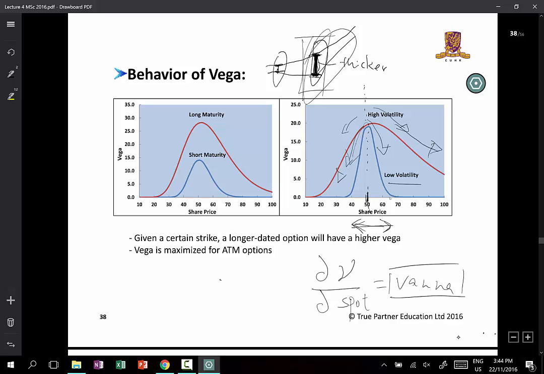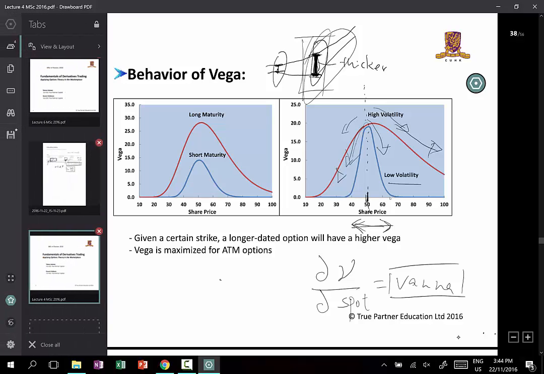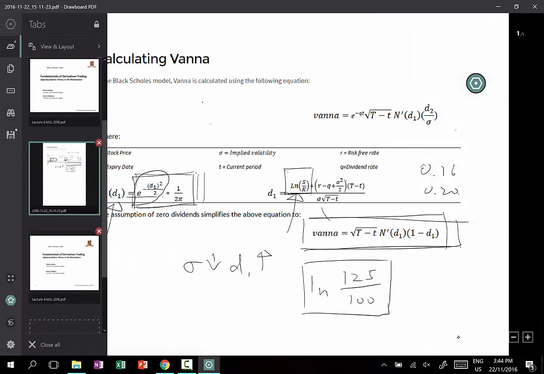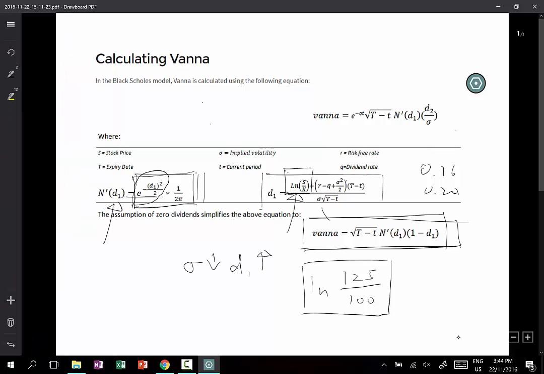Okay, if you really want to know, you can trace that by simply studying this N'(d1) parameter and how it behaves. You probably need a three-dimensional analysis where you are changing S at the same time as when you are changing volatility, and you want to study what happens to Vega.